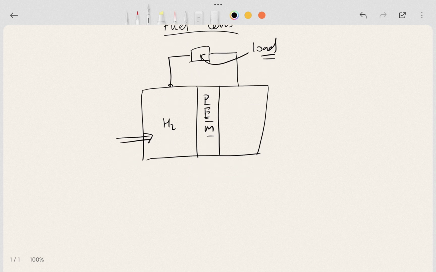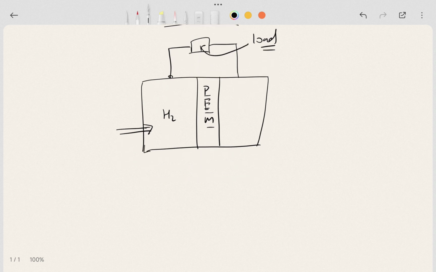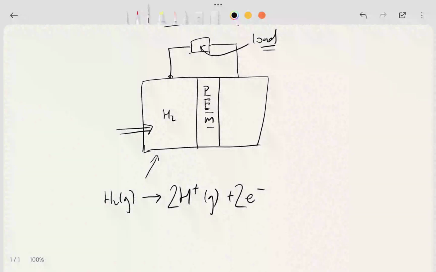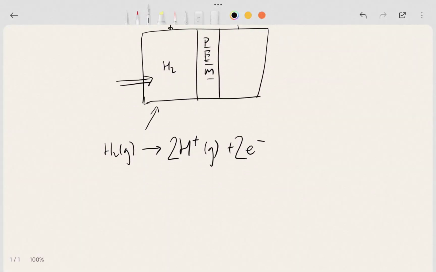So the half equation on this side of the cell is, you have hydrogen gas, you want to ideally heat it up so hot that the proton and the electron effectively separate. So the hydrogen gas is turned into hydrogen ions, gaseous phase of course, plus electrons, and obviously you have two hydrogen ions and two electrons, because why?